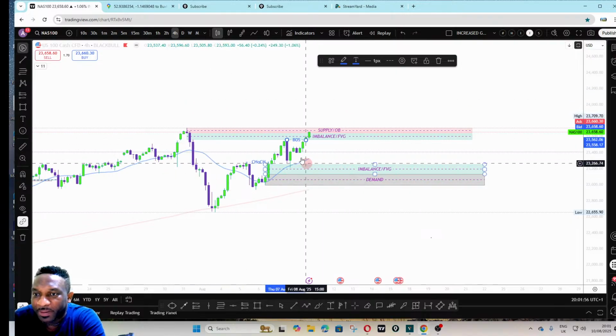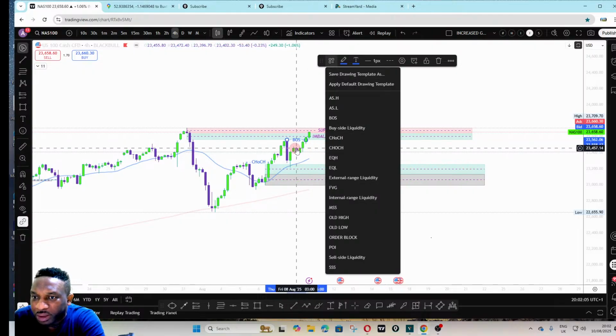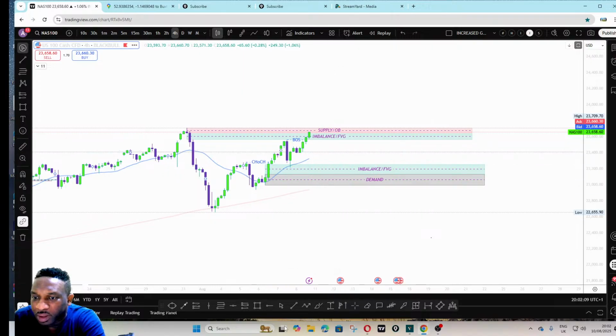So let's say we had a hold here. Before this break happened, we had price pushing from this area. So I will say from here, where is my box? Oops, it's not picking.